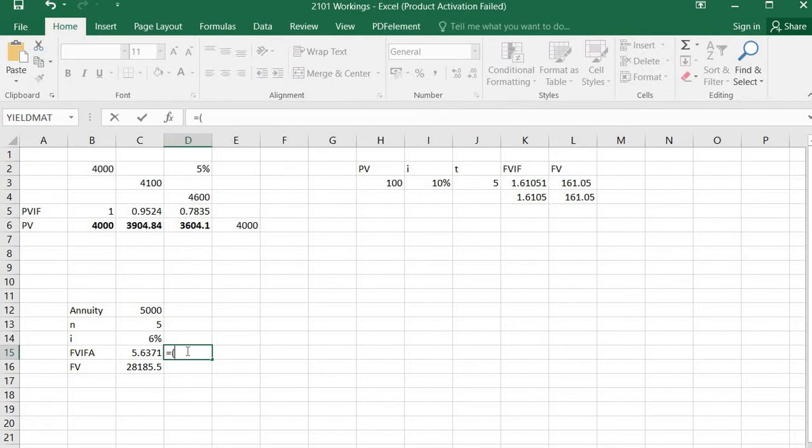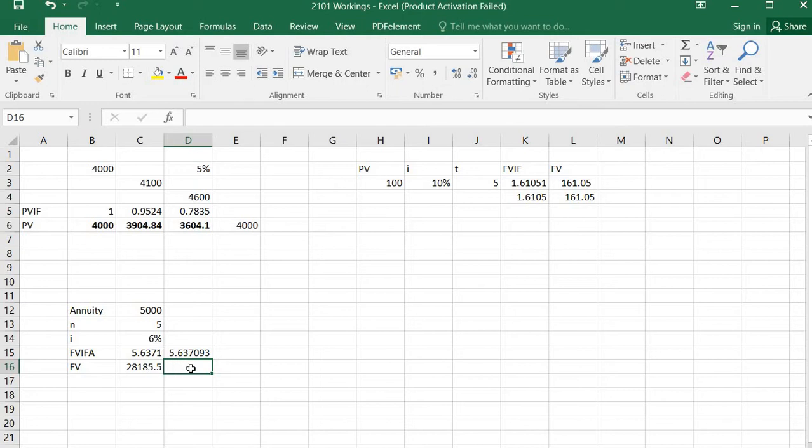It is equal to open bracket 1 plus r, this is our r, to the power n. Our n is 5. All this divided by i.